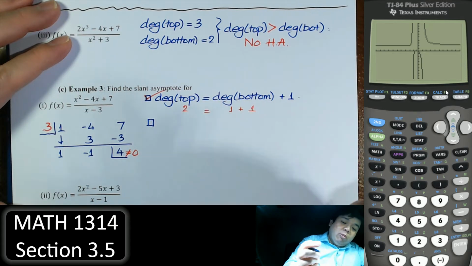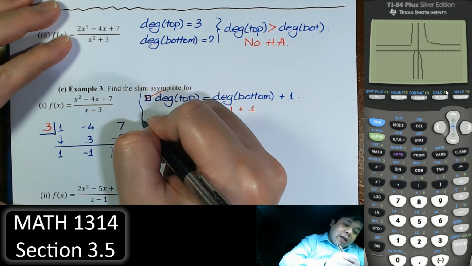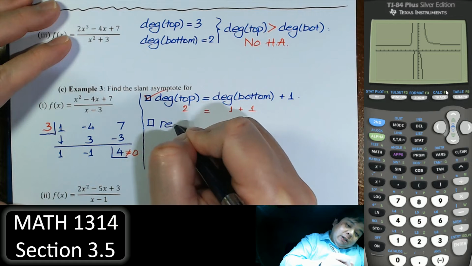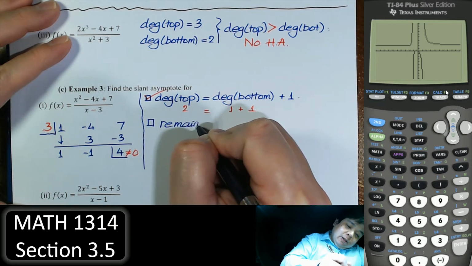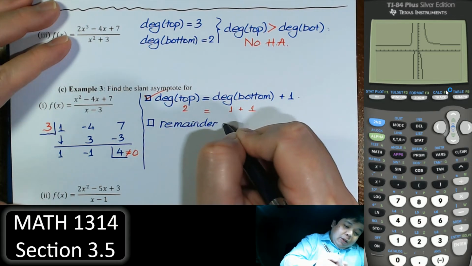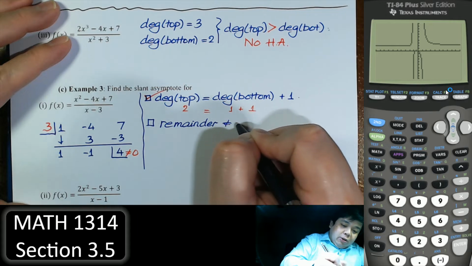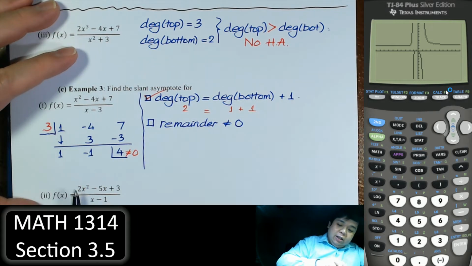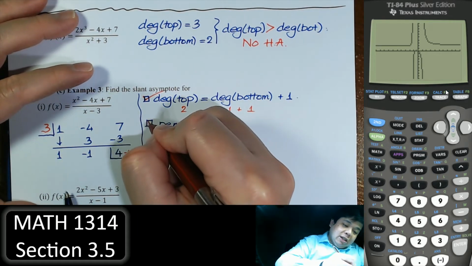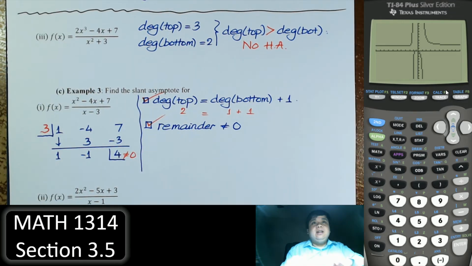Degree on top is 1 more than the bottom, that check. Next, remainder not equal to 0. In this case we also have that. Right.